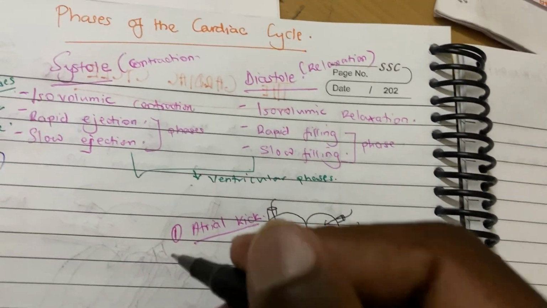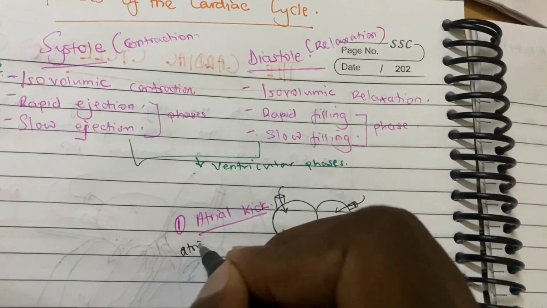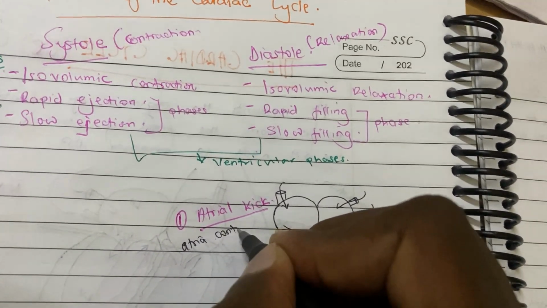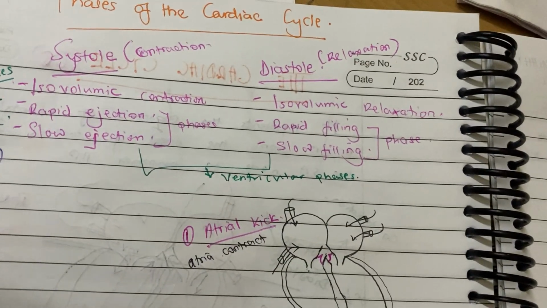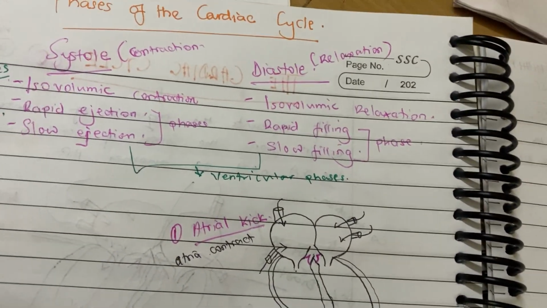So during atrial kick, the atria contract. What happens in contraction?